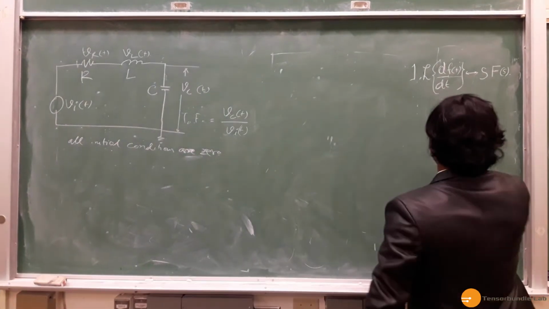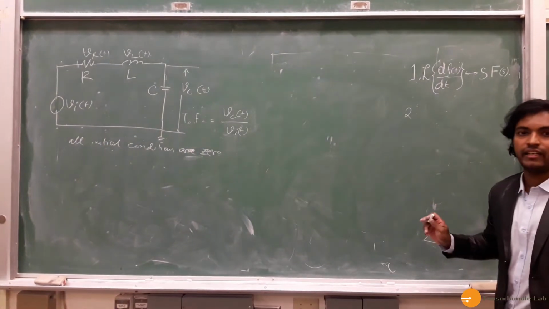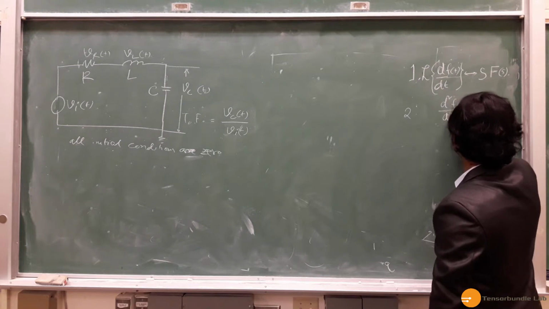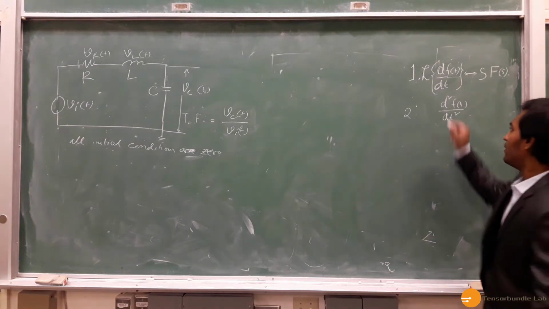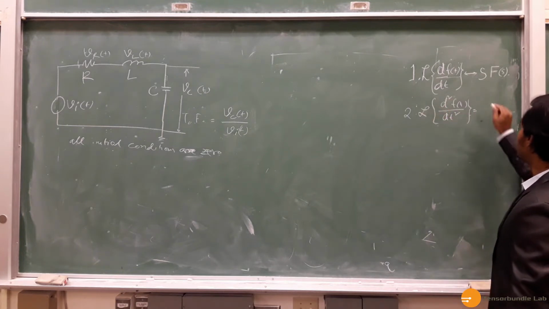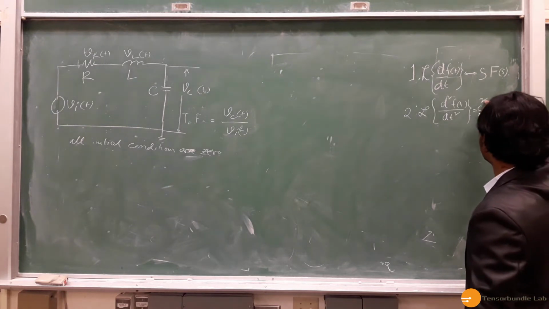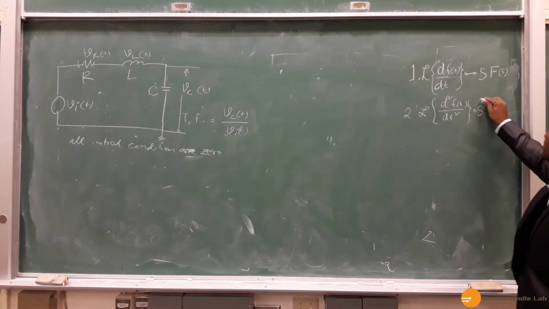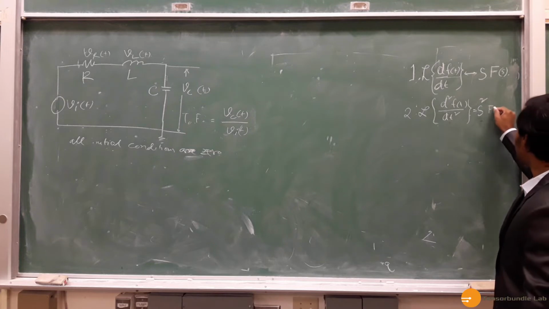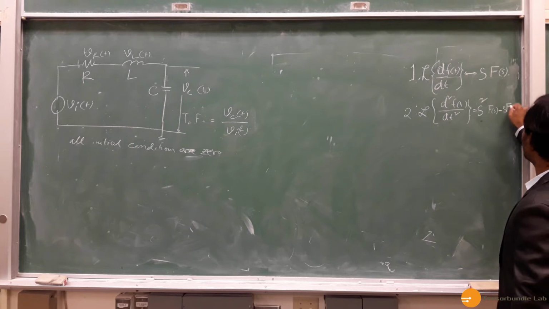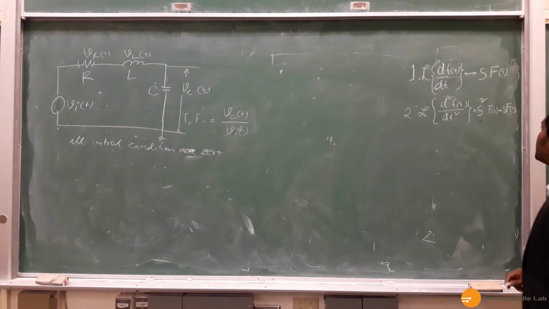Alright? Now what happens if the differential equation is second order, like this? If we take the Laplace transform, then basically we have to write down the second order of this variable s. Since this is a second order equation, we take s squared multiplied by the function minus s multiplied by the function. Alright?